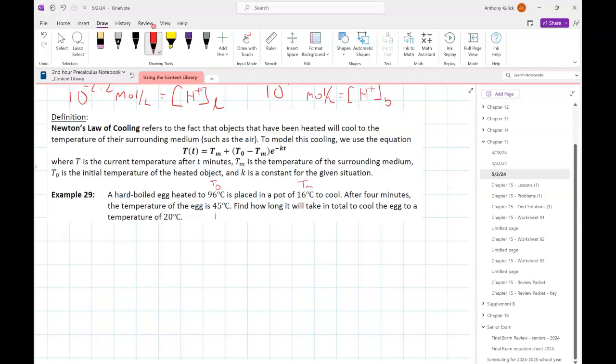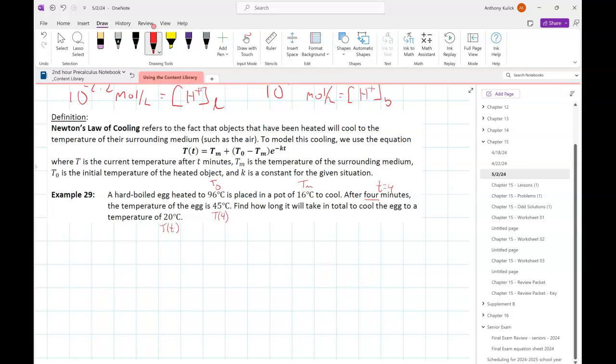This is going to be T of 4, so that's the temperature after 4 minutes. And then we're going to be asked to find the t when T of t is 20, the time it takes to get down to 20 degrees.